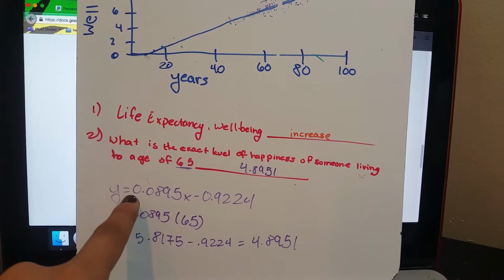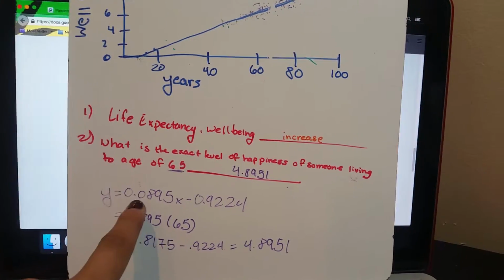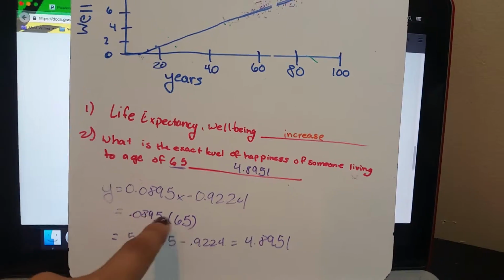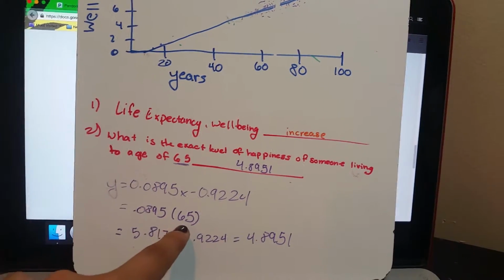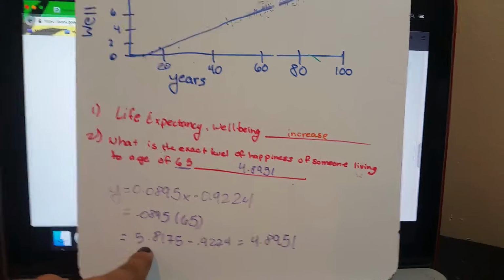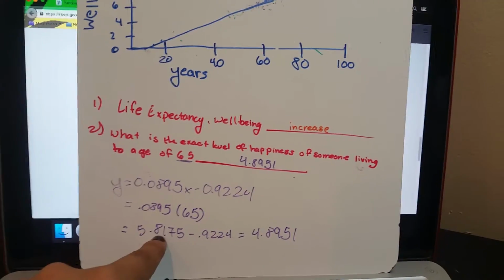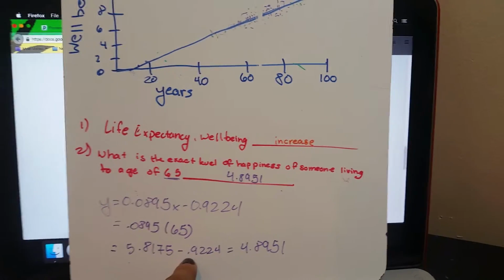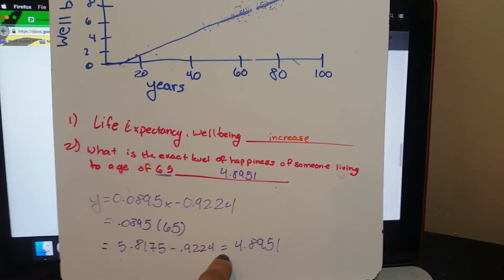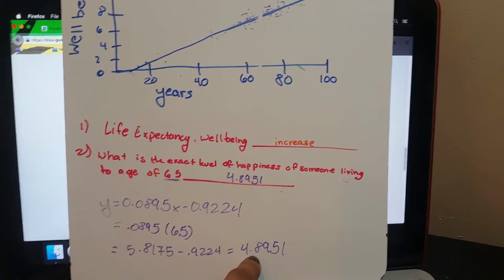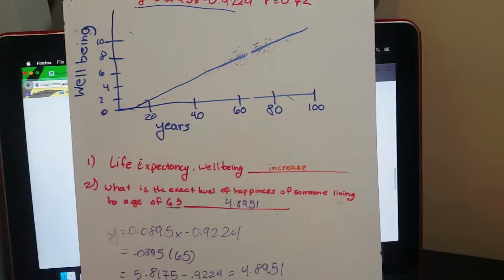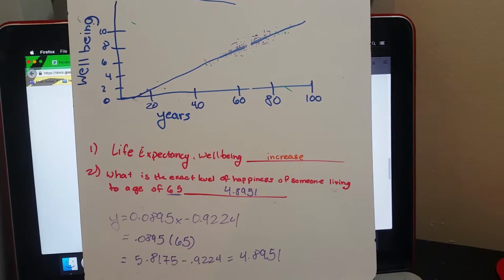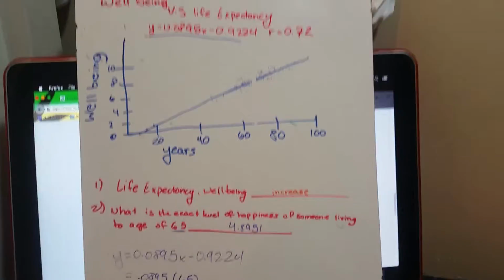So you take 0.0895x, but you can replace x with 65 because that's what you're trying to find out. So you get 5.8175 minus this number, 9.9224. You're going to get the answer of 4.8951. And that is the exact level of happiness of someone living at the age of 65.